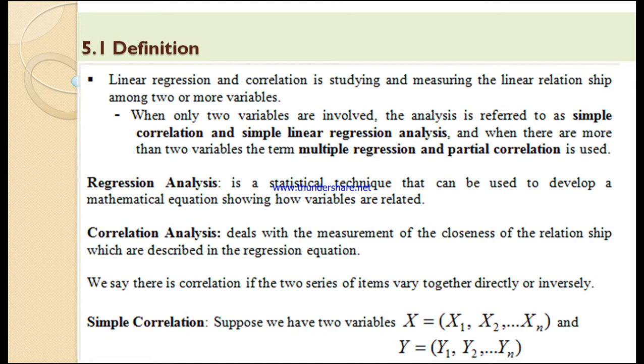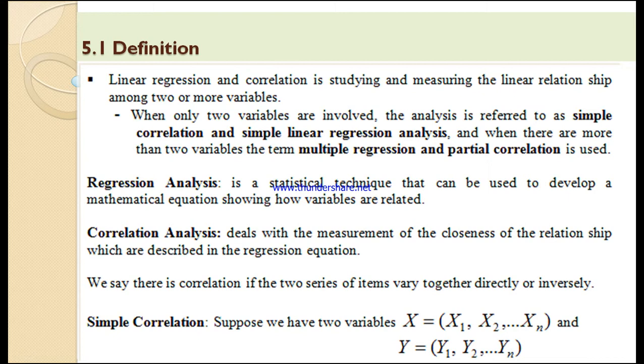Linear regression and correlation are statistical tools used to measure the relationships among two or more variables. When we are measuring the relationship between two variables, the analysis is considered to be simple correlation and simple linear regression analysis.